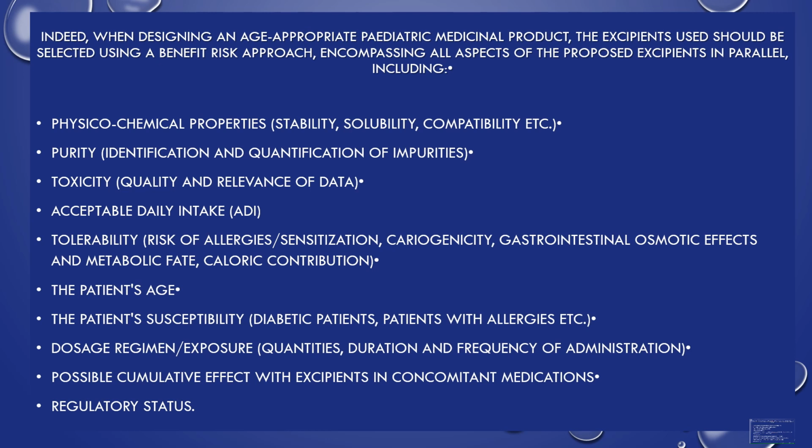Indeed, when designing an age-appropriate pediatric medicinal product, the excipients used should be selected using a benefit-risk approach encompassing all aspects of the proposed excipients in parallel, including physicochemical properties such as stability, solubility, compatibility, etc., purity, identification and quantification of impurities, toxicity, it means quality and relevance of data, acceptable daily intake, tolerability, risk of allergies, sensitization, carcinogenicity, gastrointestinal, osmotic effects, and metabolic fate, caloric contribution, the patient's age, the patient's susceptibility, such as diabetic patients, patients with allergies, etc. Dosage regimen, exposure, quantities, duration, and frequency of administration.